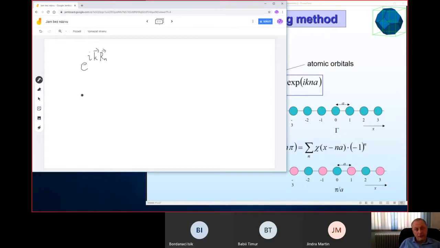So it's a lattice point, a vector defining the lattice point, and this would be multiplied by an atomic orbital which is centered at this site Rn.